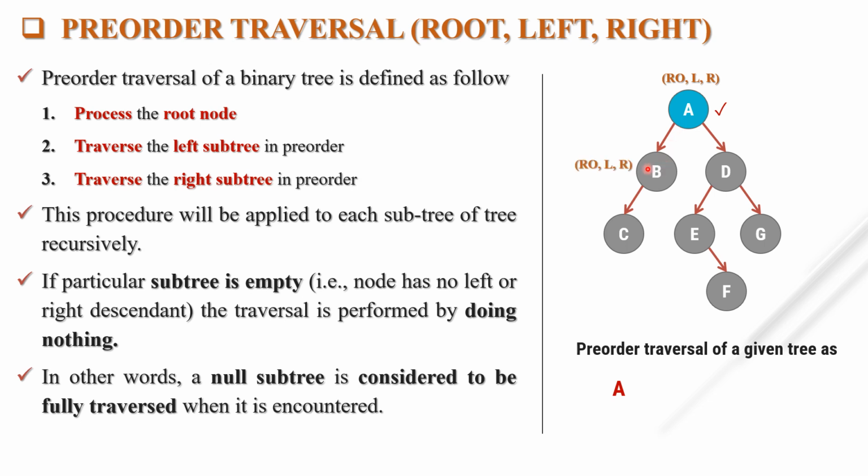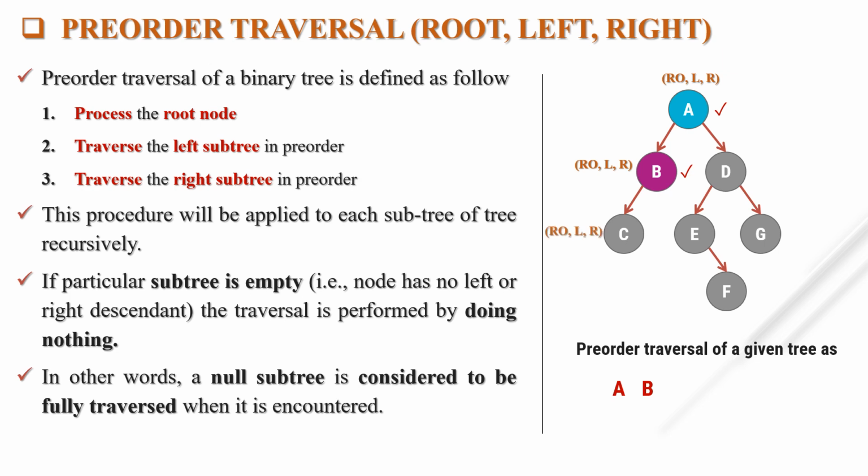Once again we have to apply root, left, right, because we have written here that we traverse the left subtree in pre-order. So here also first we have to process the root node. So B is the answer. Next, once again we have to process the root node.